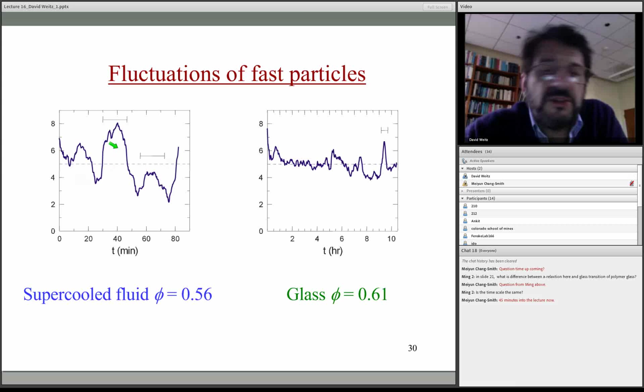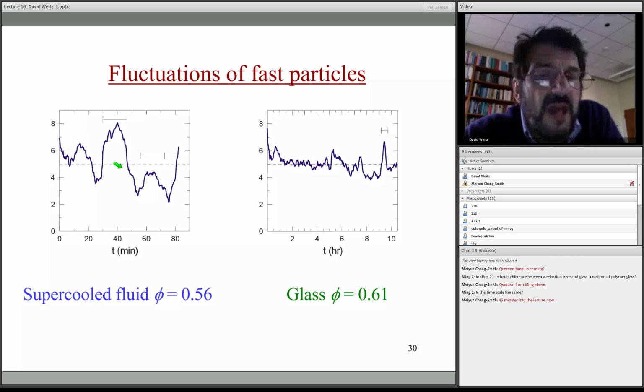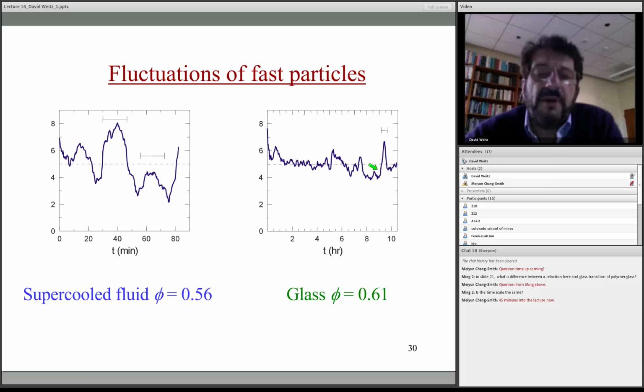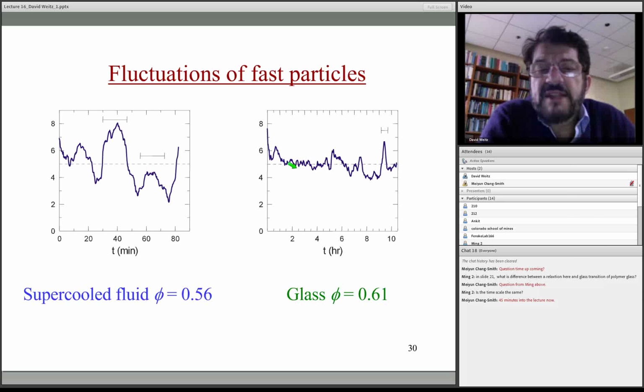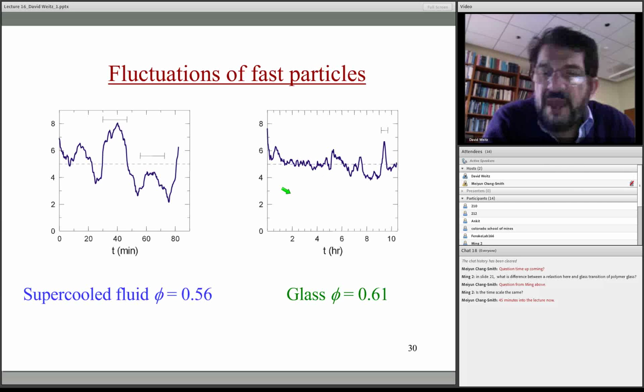And the characteristic time of these fluctuations corresponds exactly to the relaxation time of the system. You can see similar correlations here, but in this case the particles are not so strongly spatially correlated, and so on average there's the same number of particles undergoing this relaxation at any given time as it was before.